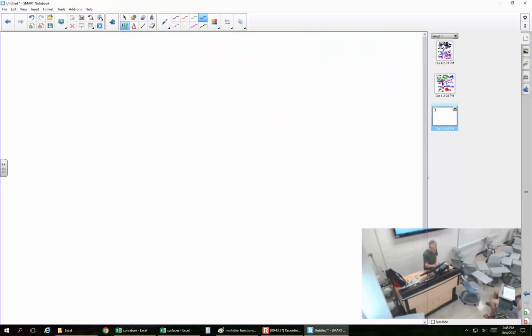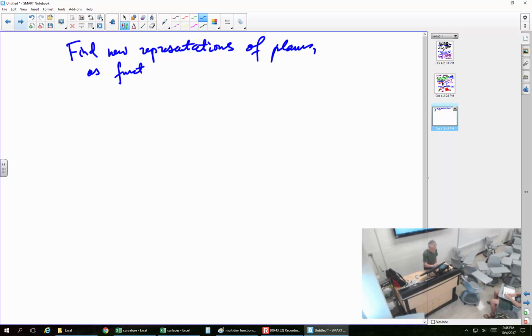So we'll find new representations of planes, this time as functions of two or more variables. We'll start with two.